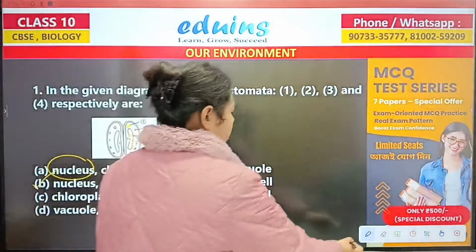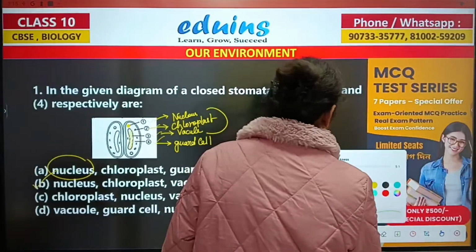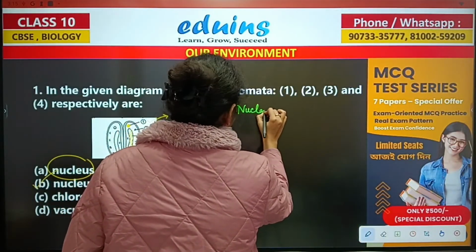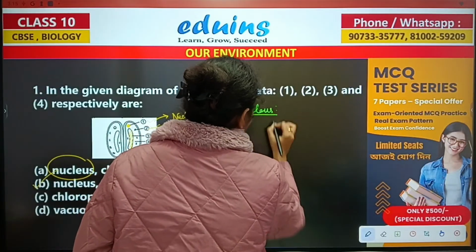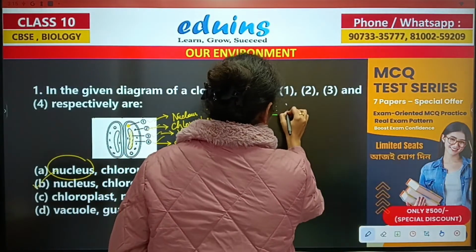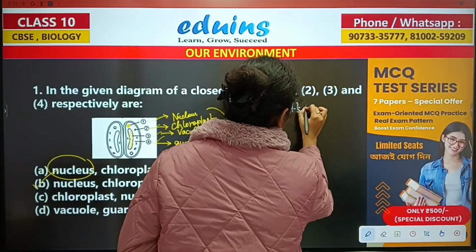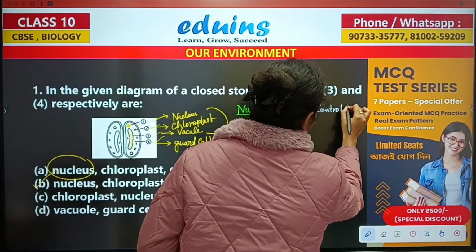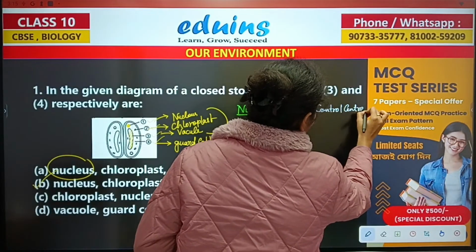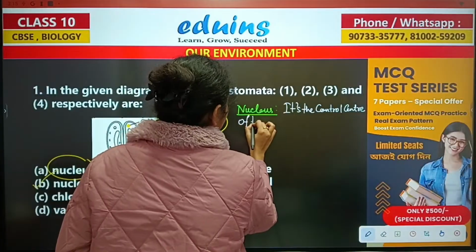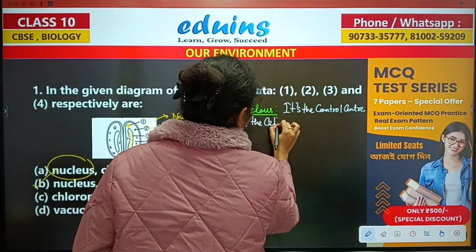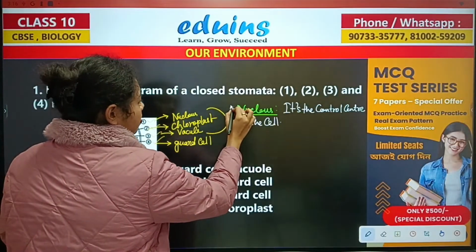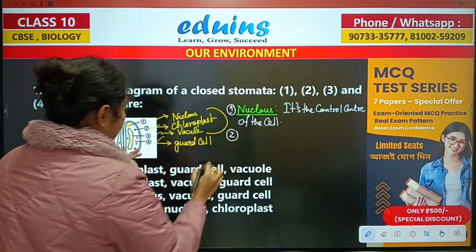Okay. So if I write, nucleus is the control center of the cell. Number two is chloroplast.